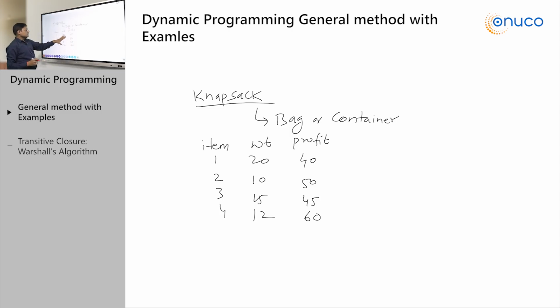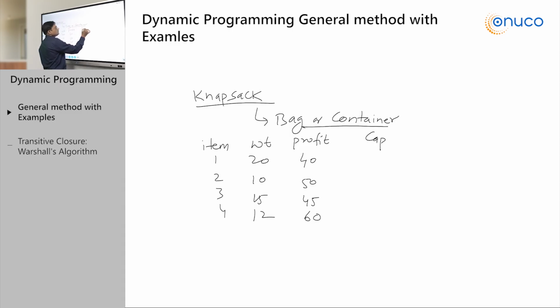All elements have their weight and profit. Now, we are going to solve the knapsack problem in such a way that we generate the maximum profit out of these items. Remember that each and every time here in dynamic programming, we select the complete item. We don't have the option to select a fractional item. So out of these, we select items such that we do not cross the capacity of the container.